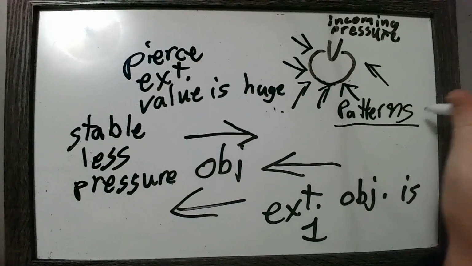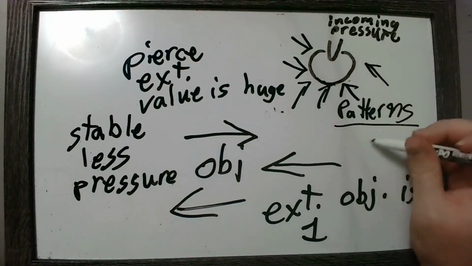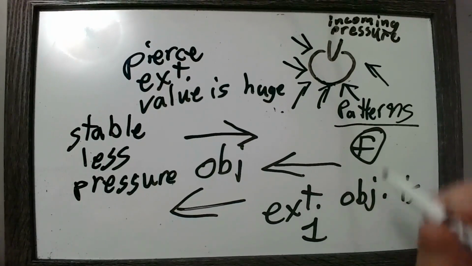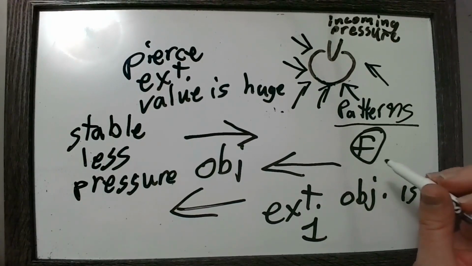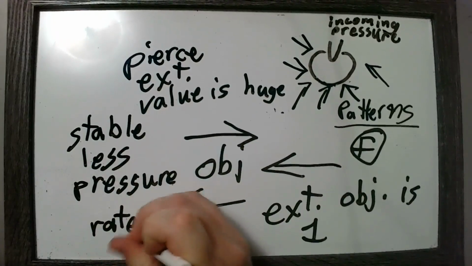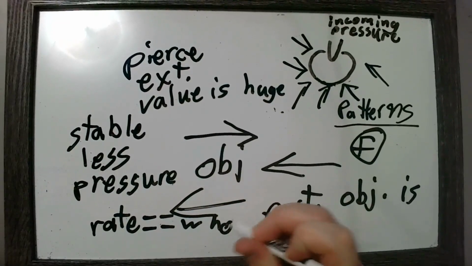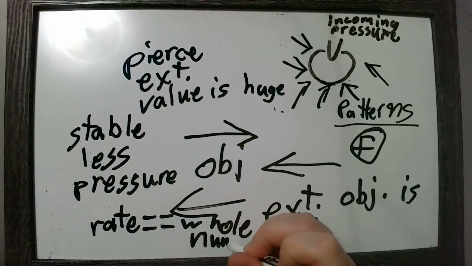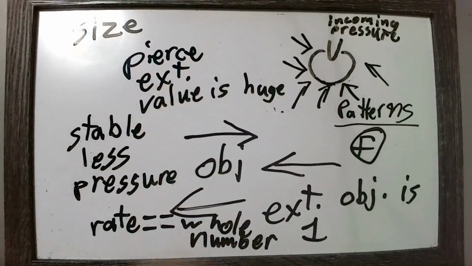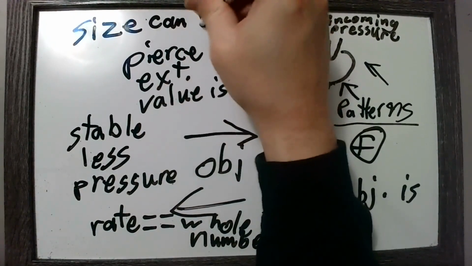But if it creates a pattern that traps it, it will end up forming a unit of force, and that unit of force has multiple pressures inside of it, and the rate is always a whole number, right? And the size can be anything. Okay?